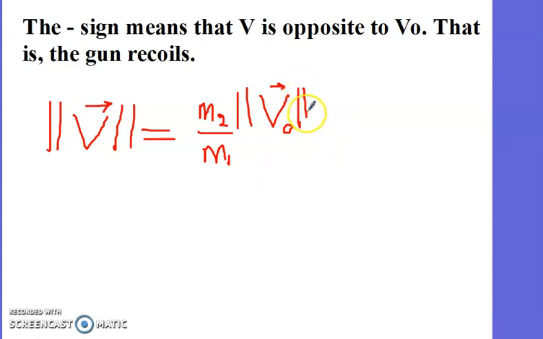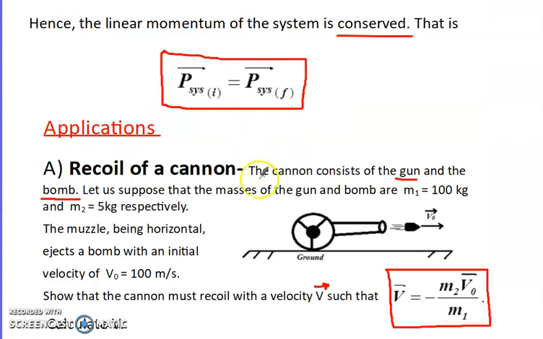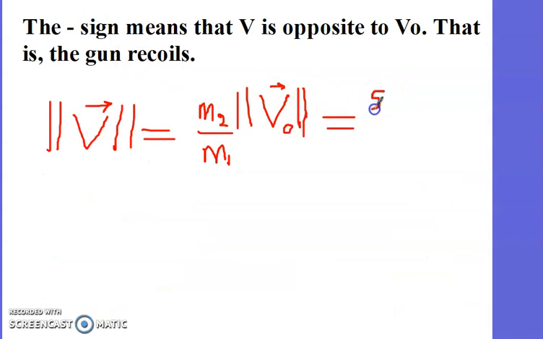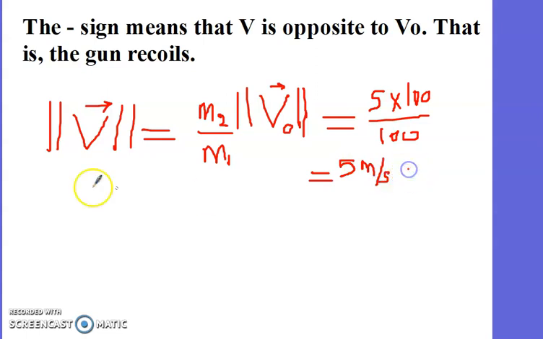So let's replace the numbers: M1 is 100, M2 is 5 and V0 is 100. So 5 times 100 over 100. So the gun will recoil with a speed just after ejecting the bomb. Okay, any problem?